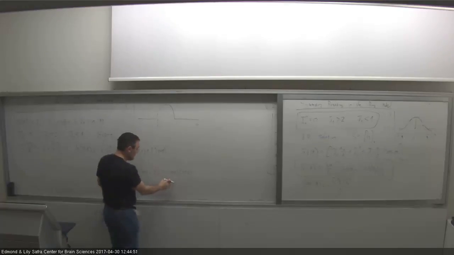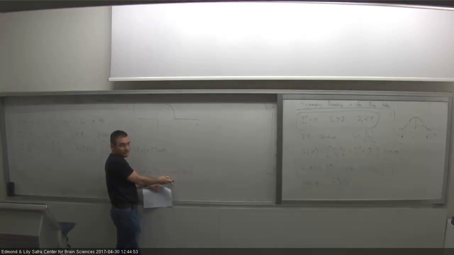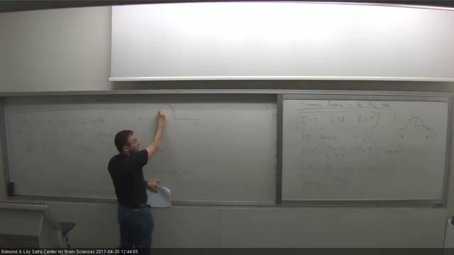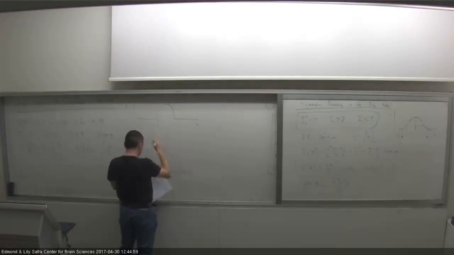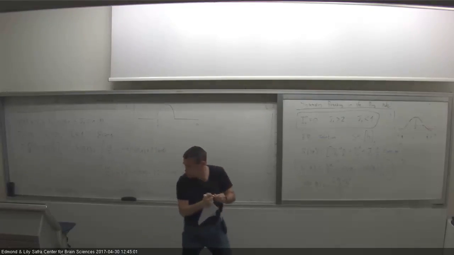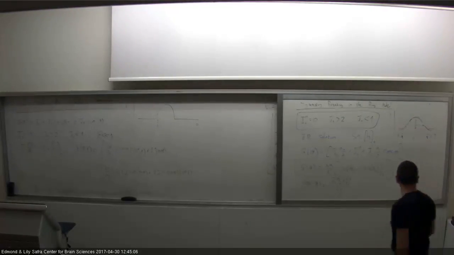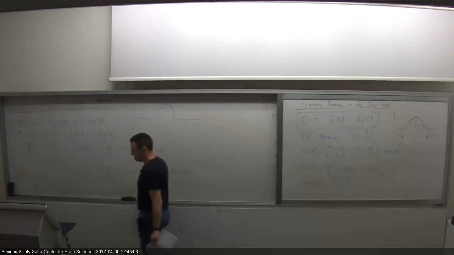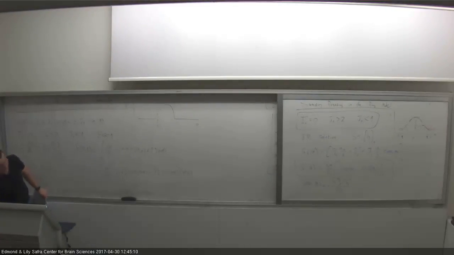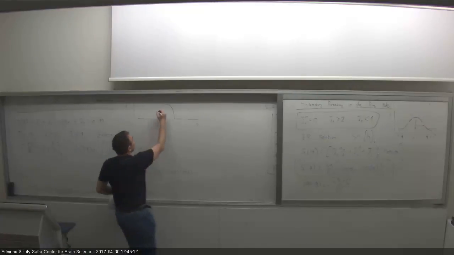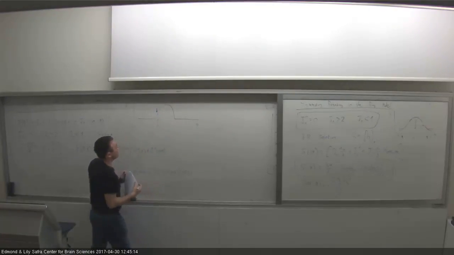So we expect that the net contribution of this term would be to reduce the firing of this one. We expect that the firing rate of this one will go down.